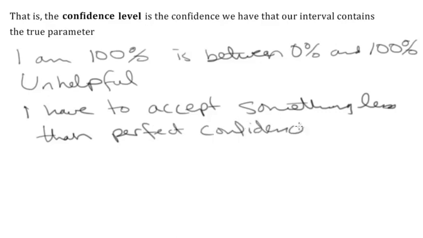Maybe I want 99.99% confidence, which will be quite a large confidence interval. But 100% confidence, that means in the world of probability, perfectly confident. And that's the only way I'm going to be 100% confident, is to say all proportions in the whole wide world. Then I'm pretty sure I've covered it.